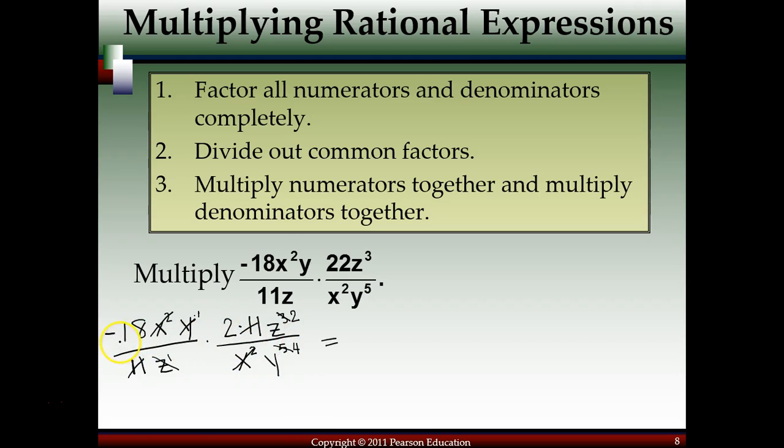So what do we have left over? Negative 18, that's crossed out, and so is that, times 2. So that's going to give us negative 36. And then z squared.